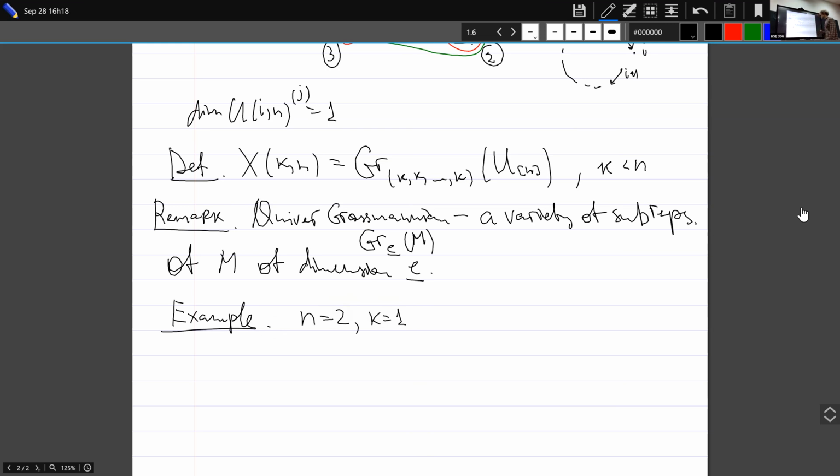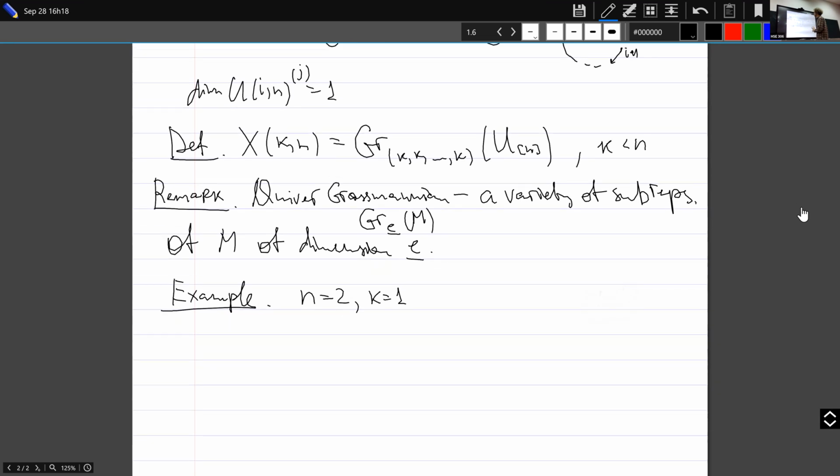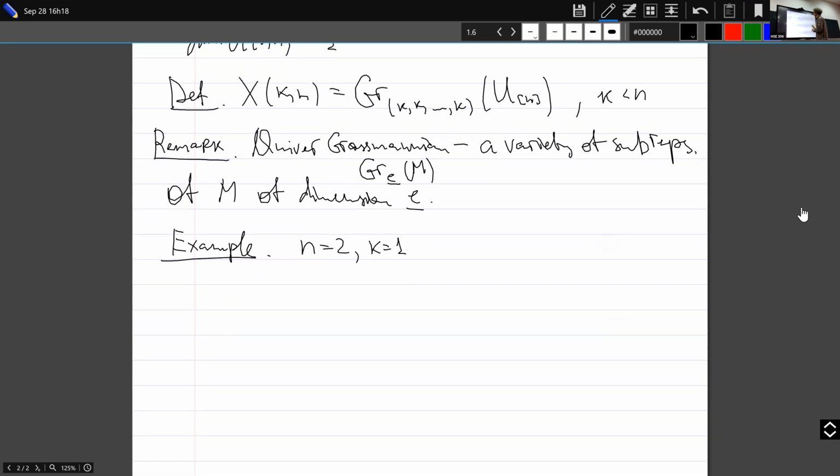Let me draw the representation itself. Here is my module. I take a two-dimensional space, C^2, and then another two-dimensional space, and then there are two maps. Since I have Delta_2, I have two vertices, a map from 1 to 2 and a map from 2 to 1.